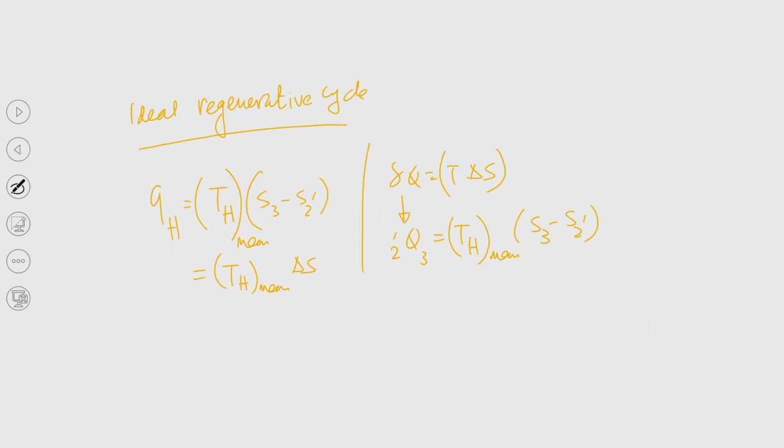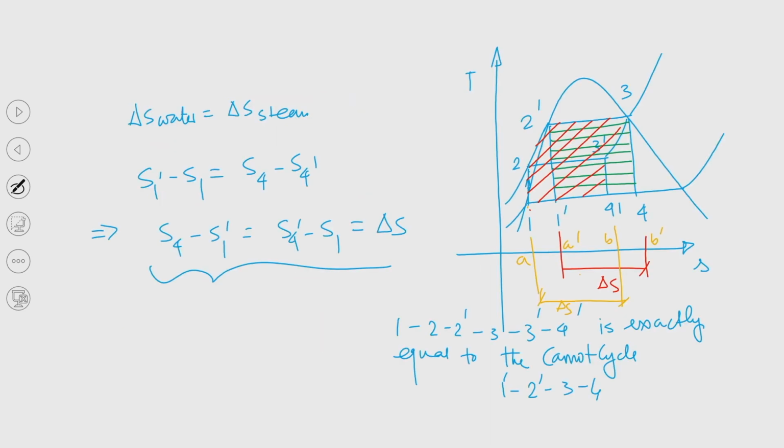So, this is heat addition. Similarly, heat rejection QL is nothing but TL into S4 prime minus S1.